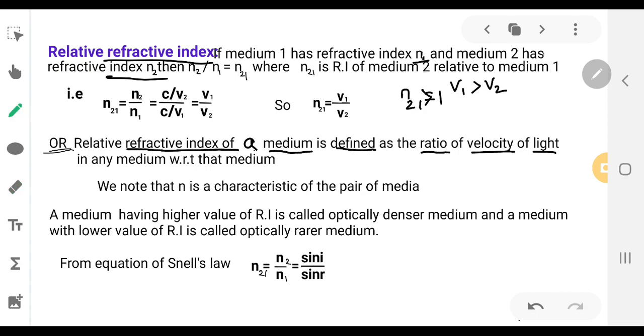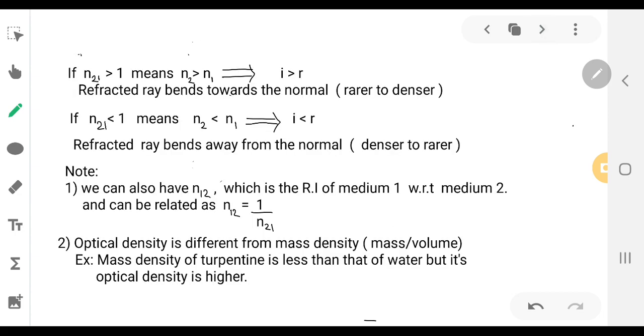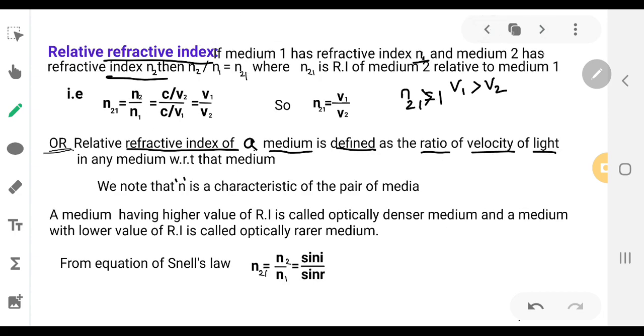So refractive index of a medium is defined as the ratio of velocity of light in any medium with respect to that medium. So we note that n is a characteristic of pair of media. ಈ refractive index value ಏನೈತಿ, a pair of media ಆಮೇಲೆ ಎಲ್ಲಿಂದ ಎಲ್ಲಿಗೆ ಲೈಟ್ ಟ್ರಾವೆಲ್ ಆಗತೈತಿ ಅದ್ರ ಮೇಲೆ ಡಿಪೆಂಡ್ ಇರ್ತೈತಿ. ನೋಡ್ರಿ ಇಲ್ಲೇ n ವ್ಯಾಲ್ಯೂ ಎಷ್ಟು ಬಂತು, 1.127 ಬಂತು, ಇಲ್ಲೇ 0.886 ಬಂತು. It depends on the pair of media and from where to where the ray is traveling.